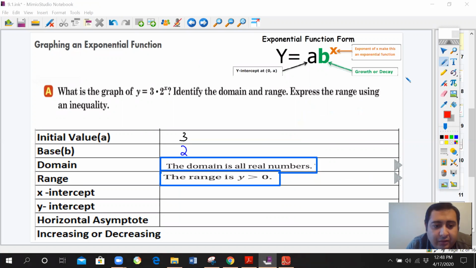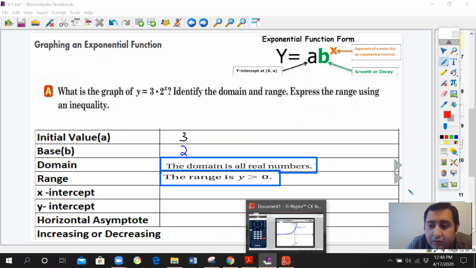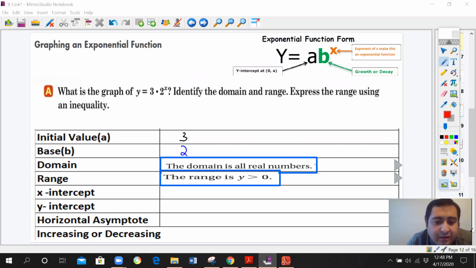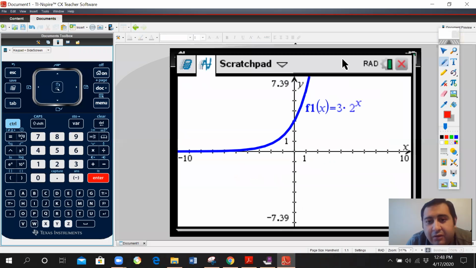All right, our x-intercept. Hold on, having a little bit of technical issues. So if we look at the graph here, is this graph going to intersect somewhere on the x-axis?